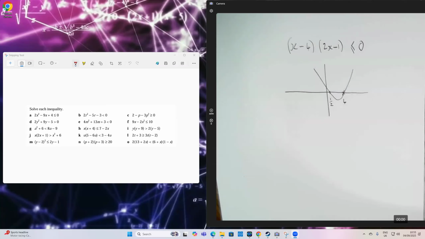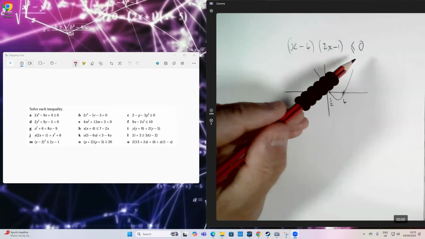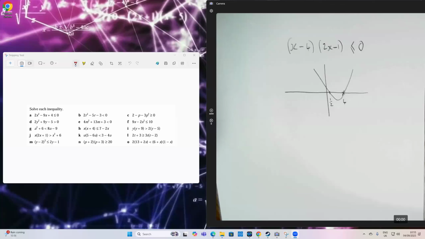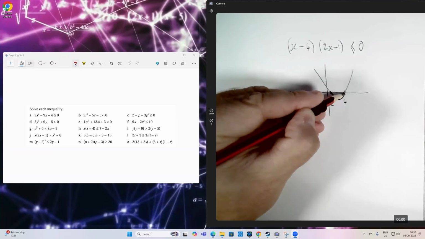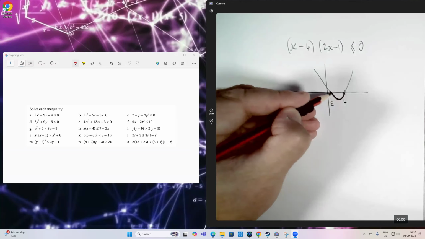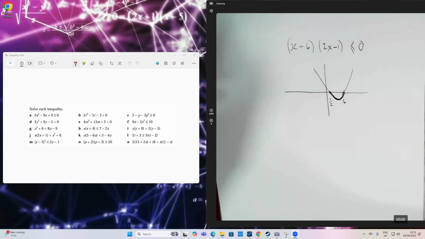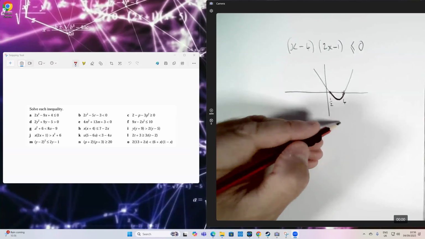Now we're looking for this expression to be less than or equal to 0. And the region in question for less than or equal to 0 is this region underneath the curve here. So that's what we're looking for, and this is a continuous region.